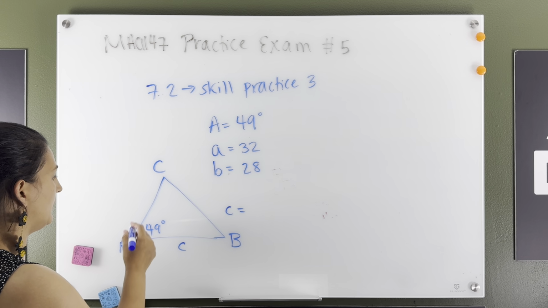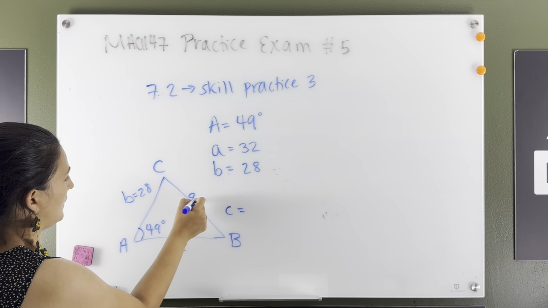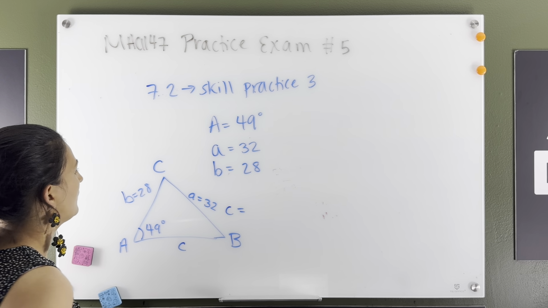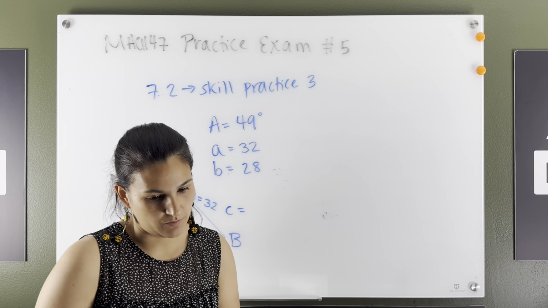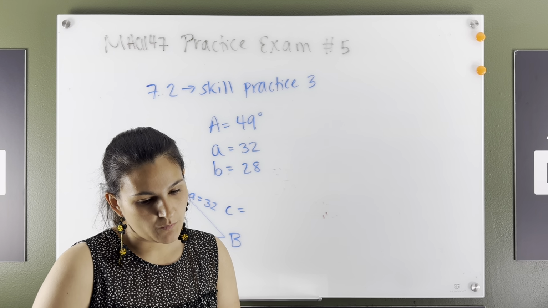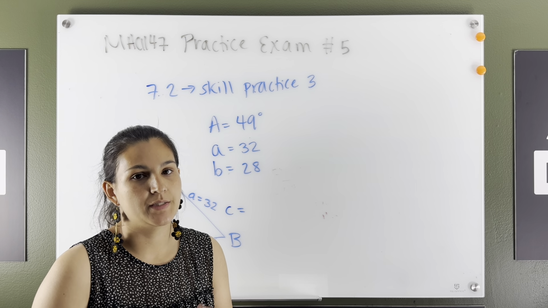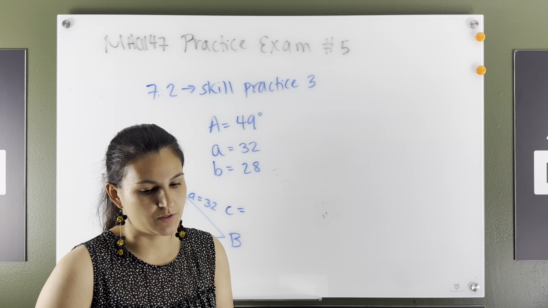And they label B as 28 and A as 32. Units, whatever units. It says round the measures of the unknown angle inside to one decimal place. Like I said, we're going to do 2 decimal places, which is the hundredths place.